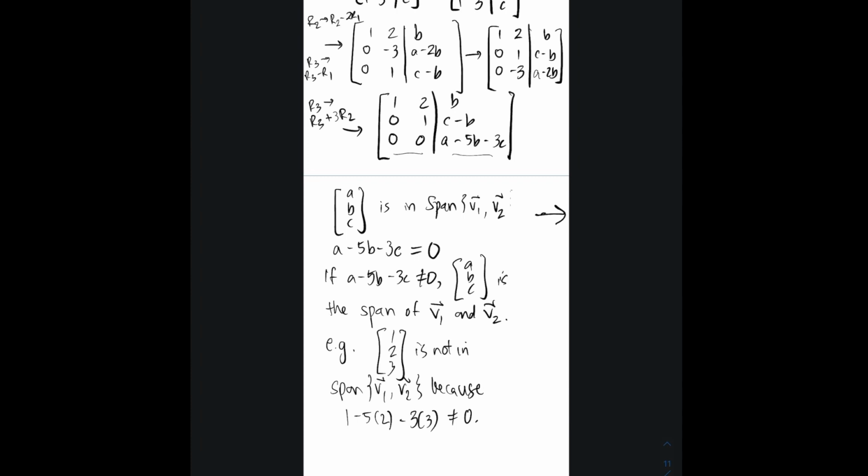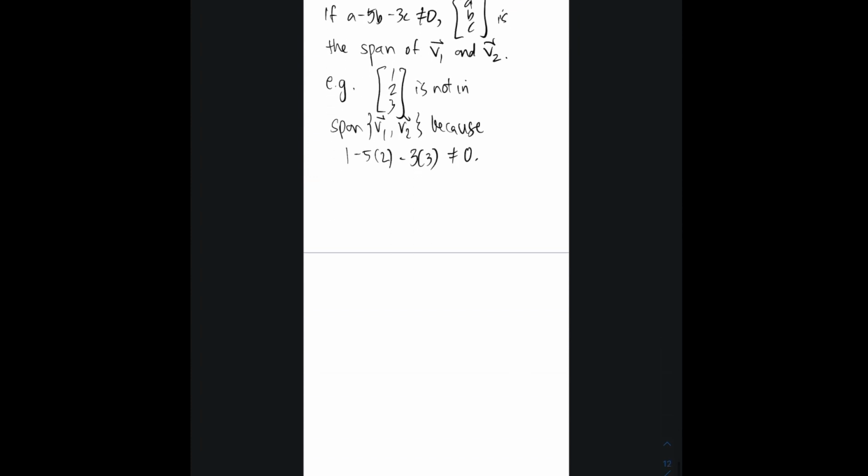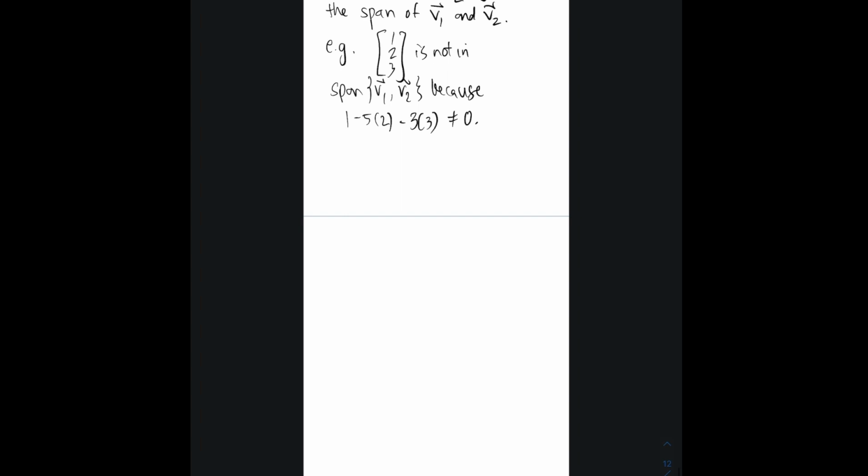Okay, and so let's conclude what the span of, let's say you have just k vectors in R3, is either what? Well, first of all, it's the 0 vector if all the vectors are the 0 vector.